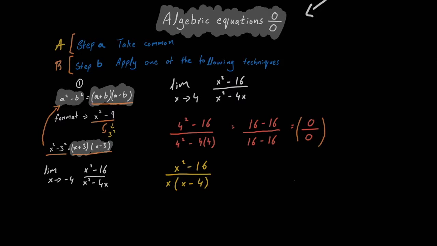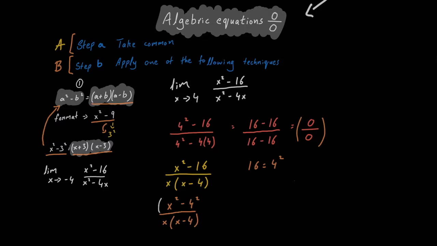Now step B, where we apply the manipulation technique. In the numerator, we can write 16 as 4 square. So this entire equation would become x squared minus 4 square divided by x minus 4.